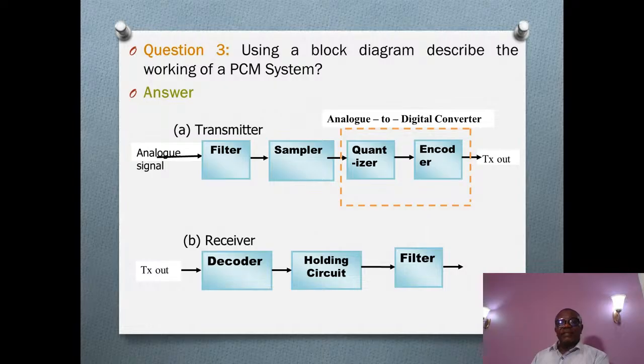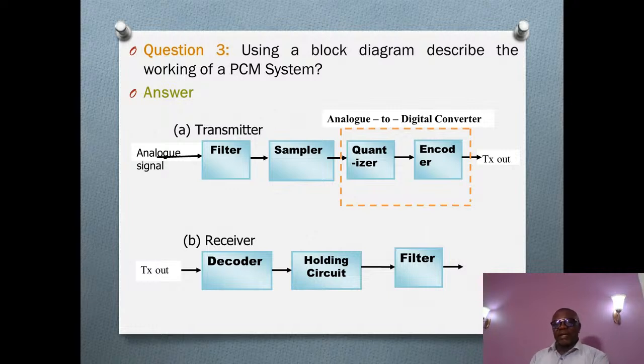Then it is sampled. The sampler samples the signal. After sampling it, it is fed into the quantizer. The quantizer will, as we go on, show its actual work.